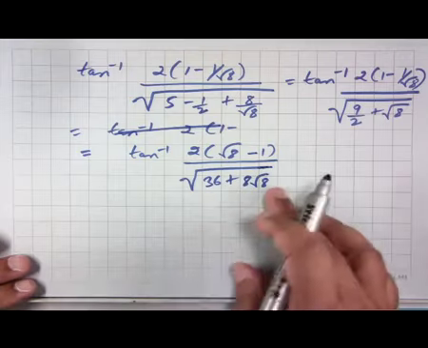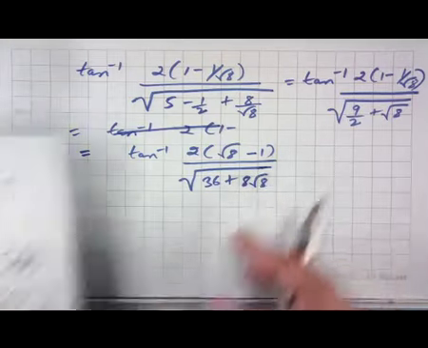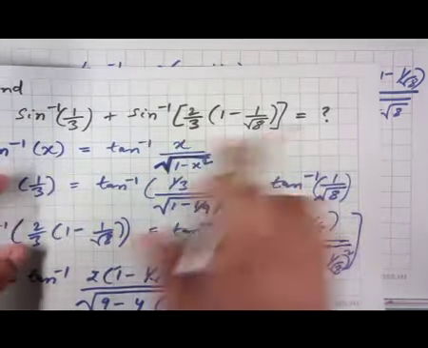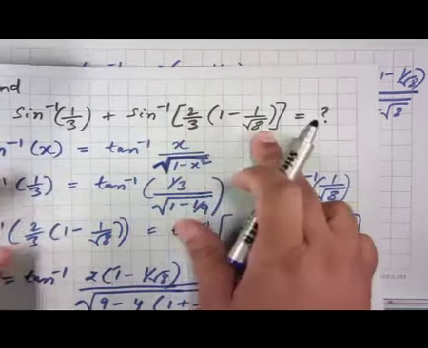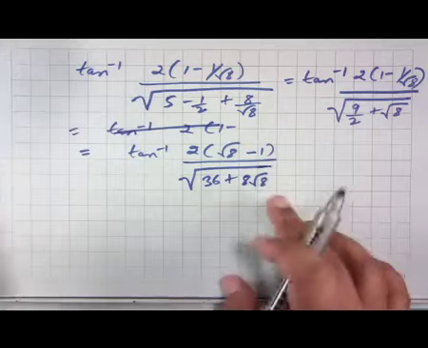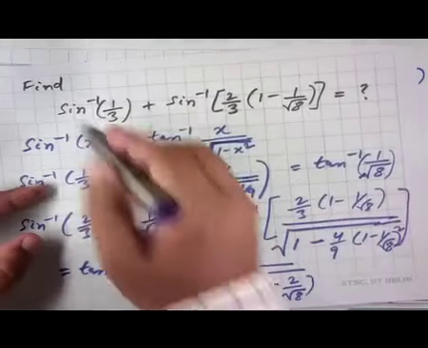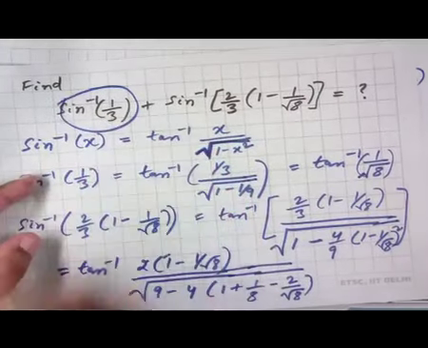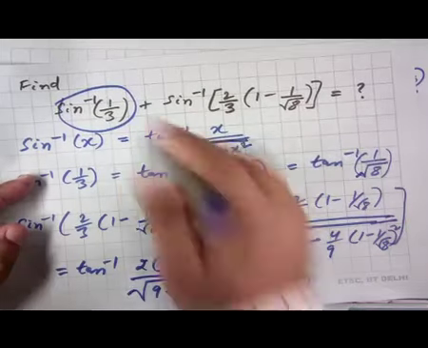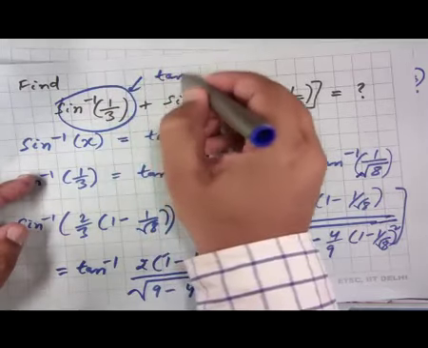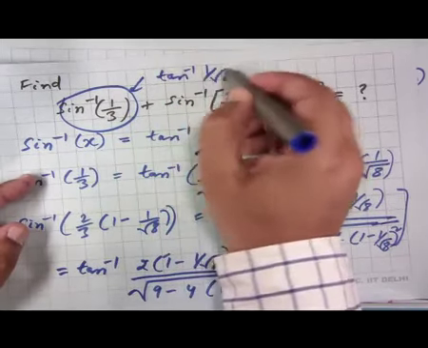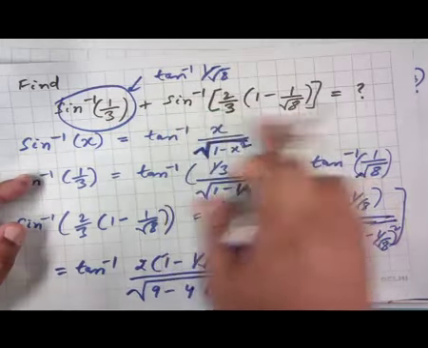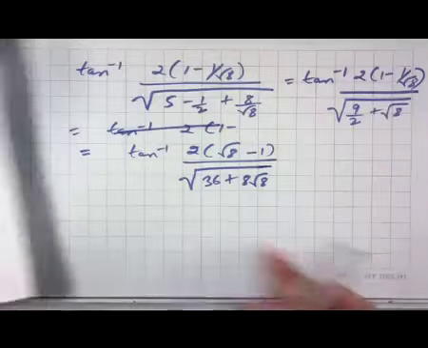So, this is for the other term. So, this particular term here, sine inverse of 2 by 3 times this is equal to tan inverse of this thing. And so we earlier saw that sine inverse of 1 over 3 was calculated to be tan inverse of 1 over root 8, and we got another expression for this thing, which is here.